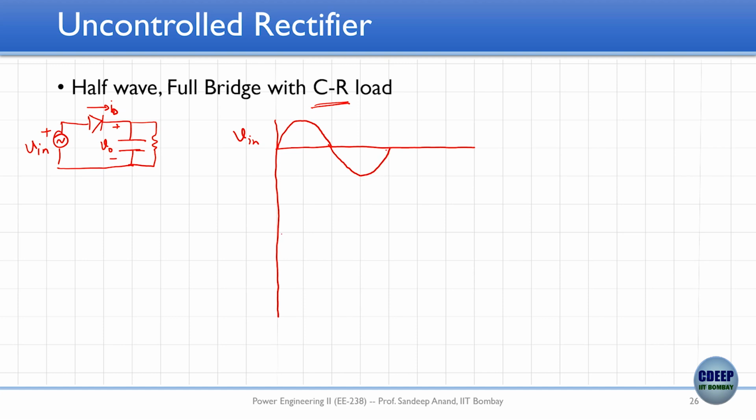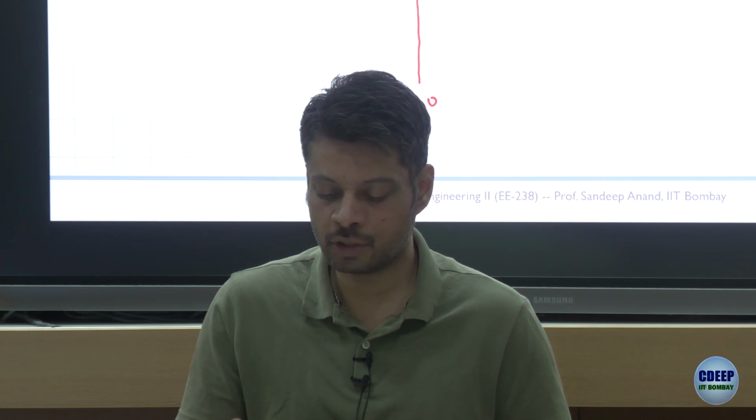If this is my input voltage, how would the output voltage be? Now let's say we are starting everything at t equal to 0. At t equal to 0, the circuit was completely de-energized, the capacitor was discharged, everything was discharged, and at t equal to 0 we have started this circuit. So what will happen to the output voltage going from t equal to 0?